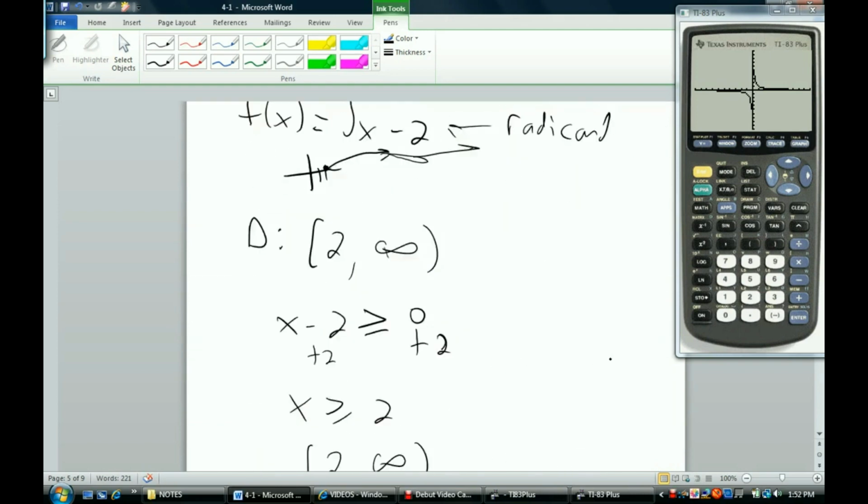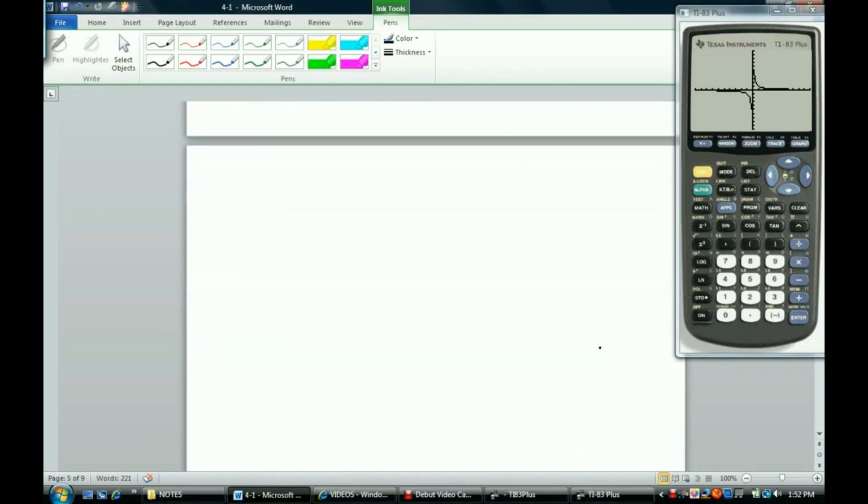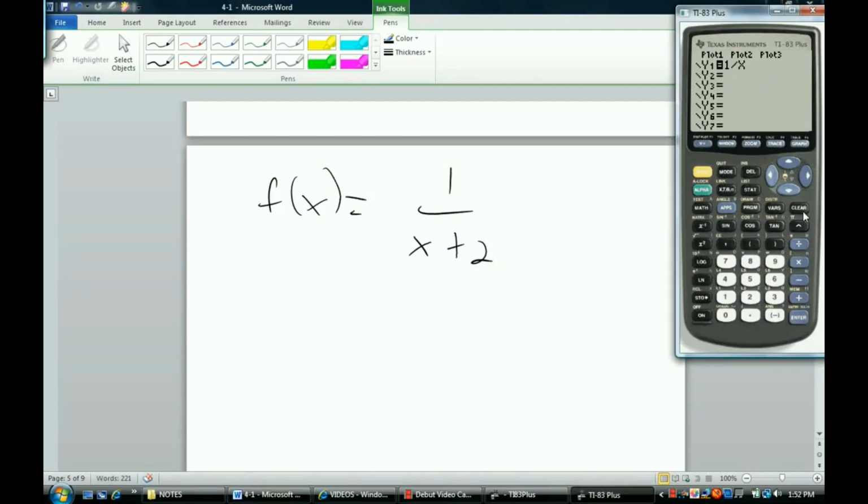So let's do another one of these examples, just to make sure you have an idea what's going on. Let's look at f of x equals 1 over x plus 2. Now when I type this in, I want to make sure that I use parentheses around the denominator. If I'm not sure, I'm always going to use parentheses.